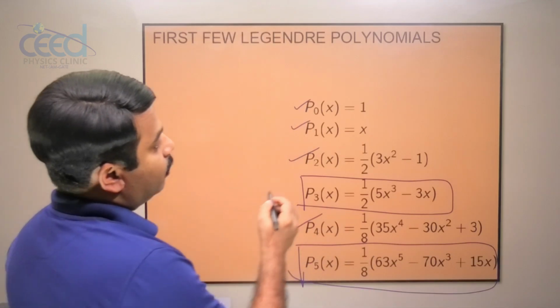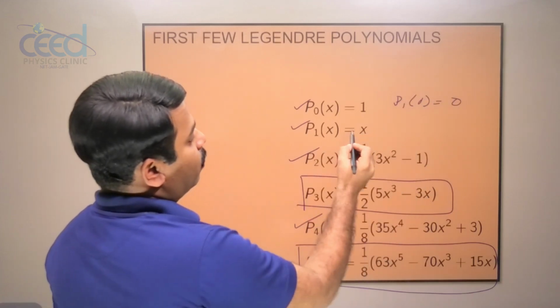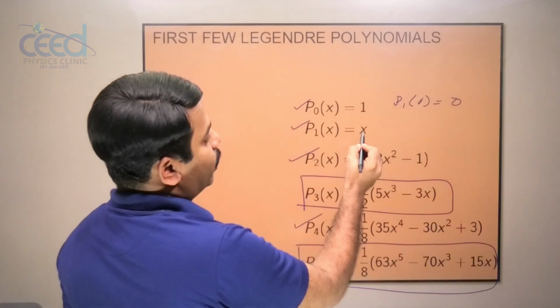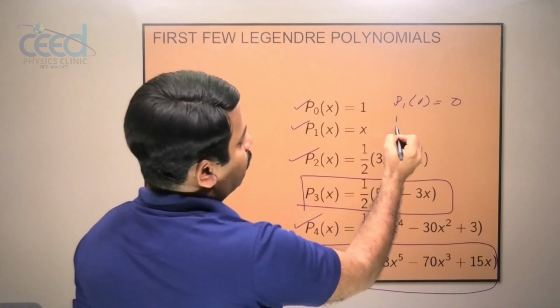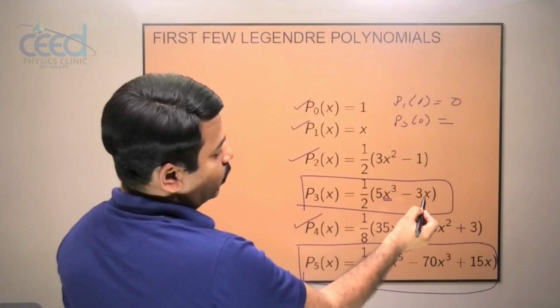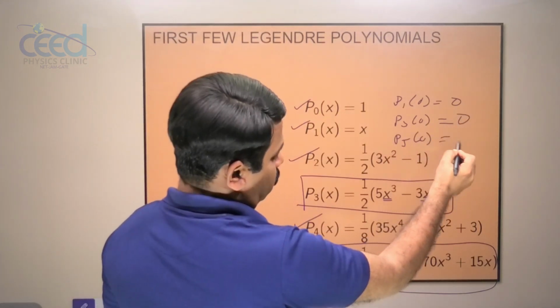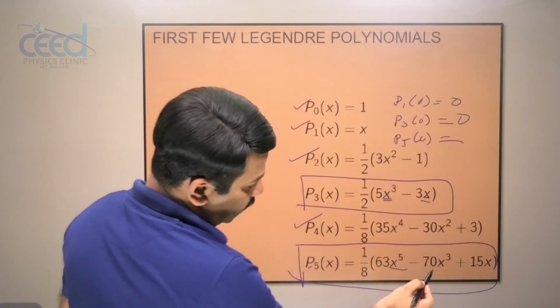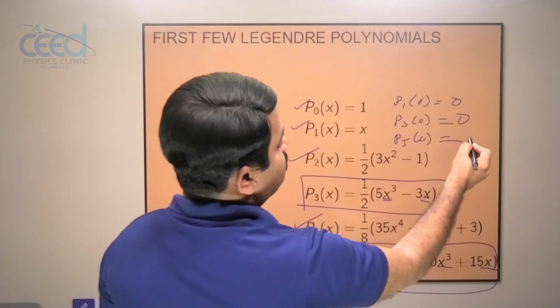Now look here, what is p1 of 0? Instead of x you put 0, means 0. Now what is p3 of 0? Here 0, answer is 0. What is p5 of 0? See, p5 of 0, here x, here x, here x, all x replace with 0. What we get? 0.